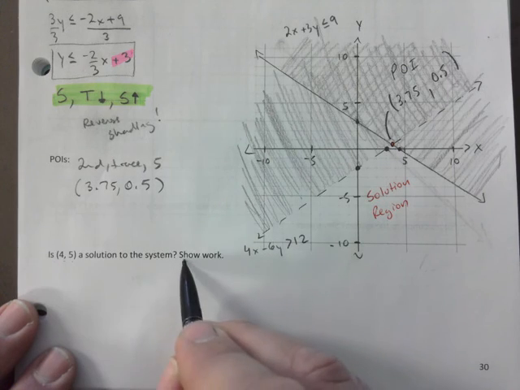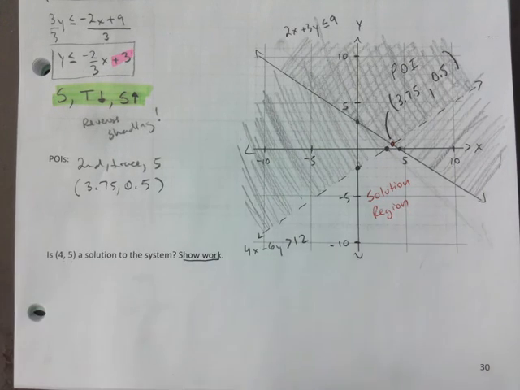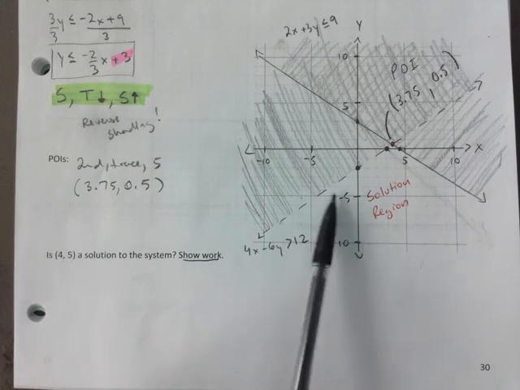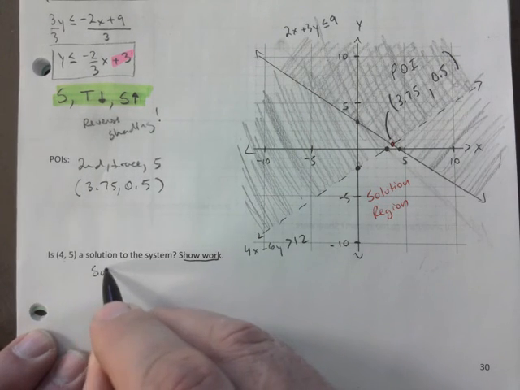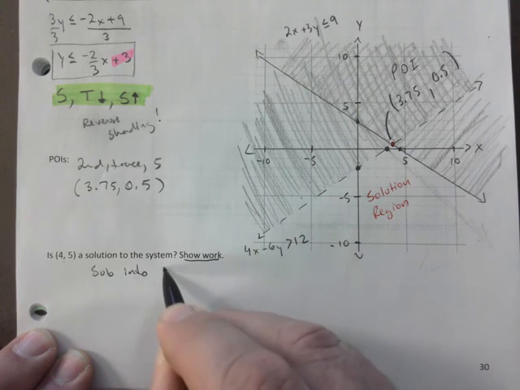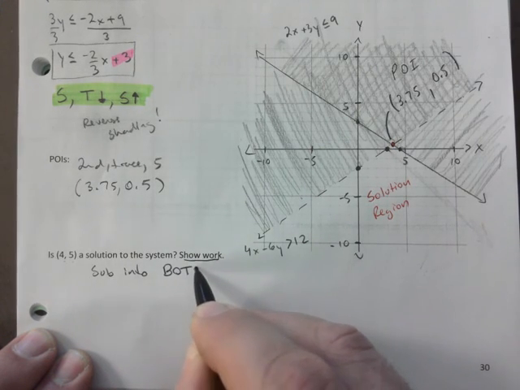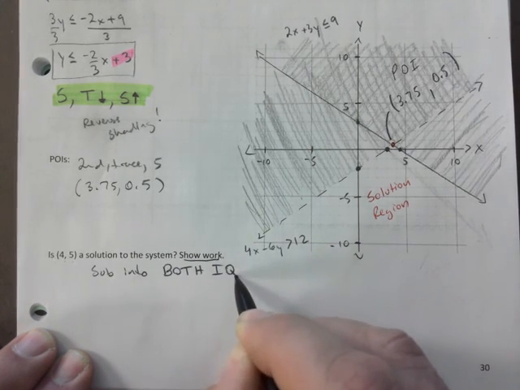But you will show your work in this case because likely I'm not going to ask you to graph it to figure this one out. So what you do is sub into both inequalities.